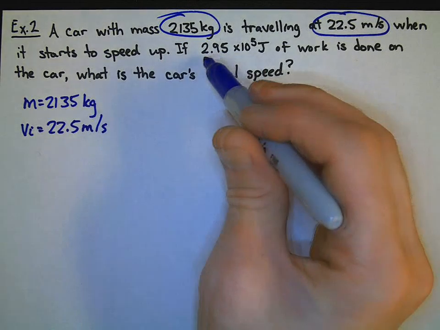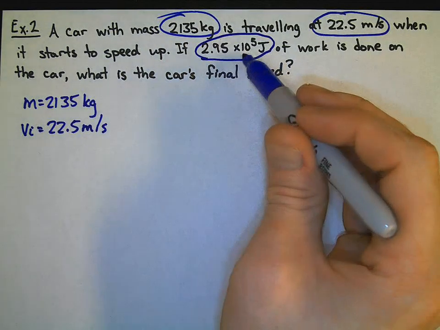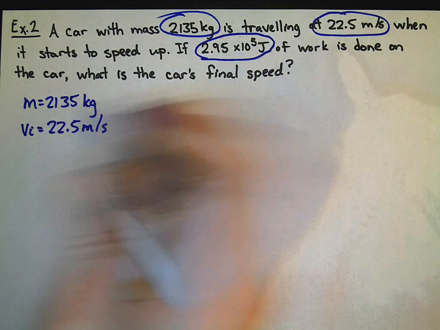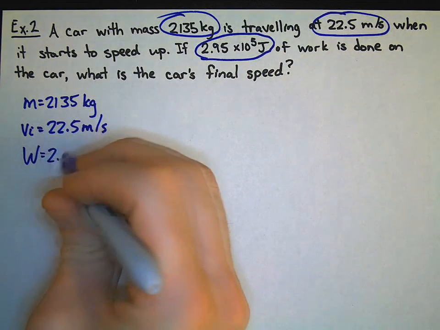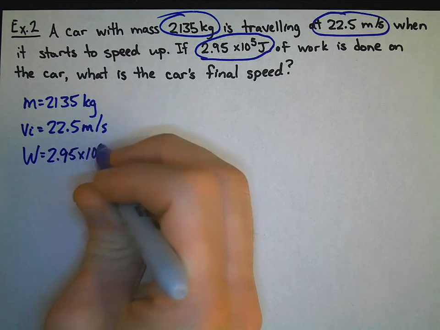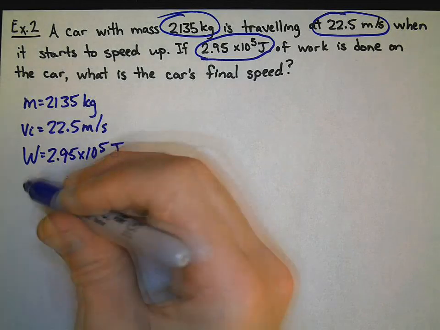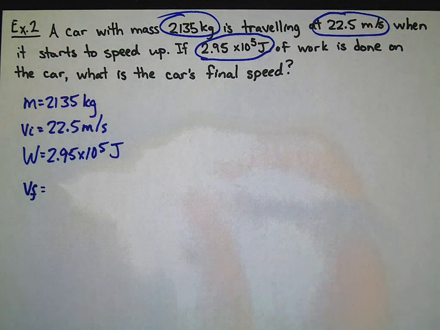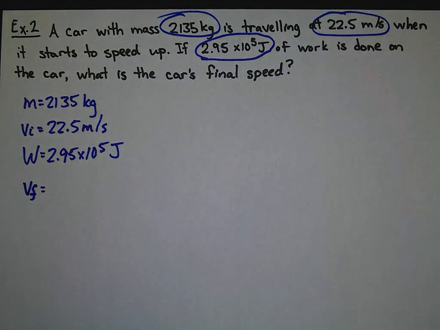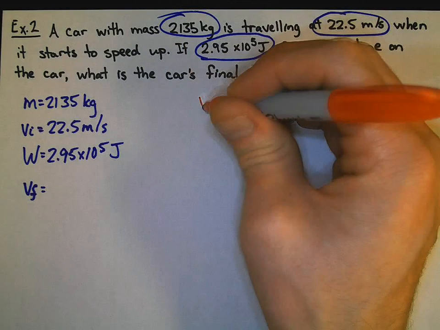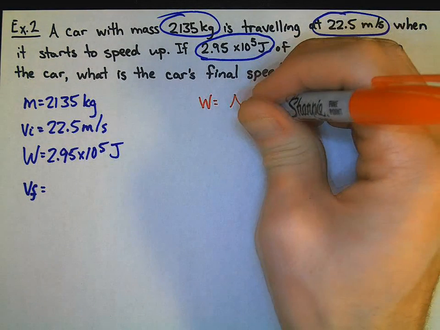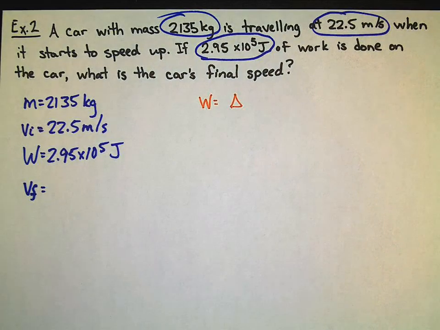If 2.95 times 10 to the 5 joules of work is done, what is the car's final speed? So we are actually asked to solve for vf. So we know that work is equal to our change in kinetic energy.